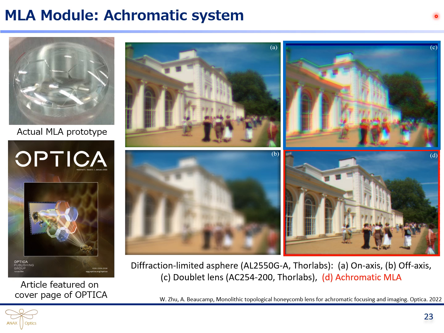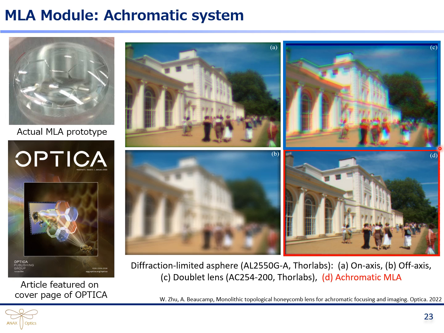Using the CAD export facility and NC file generation facility of the Hyperion software, the actual MLA can be produced very conveniently. Here we show comparison of actual photographs taken through a variety of lenses, including a diffraction-limited A-sphere, a doublet commercially available, and the designed microlens array for achromatic imaging.